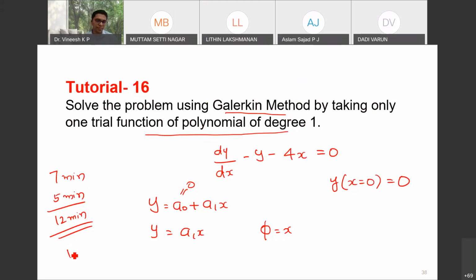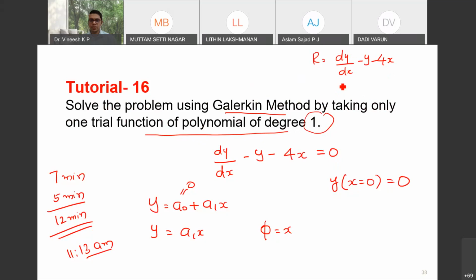Upload by 12:13. Polynomial of degree 1. dy by dx minus y minus 4x equal to 0, y at x equal to 0 is 0. So the residual will be equal to dy by dx minus y minus 4x.